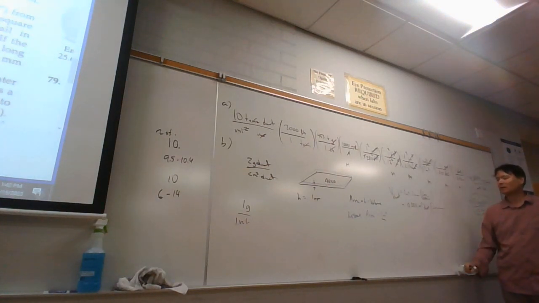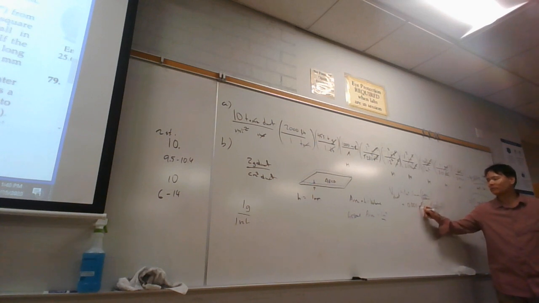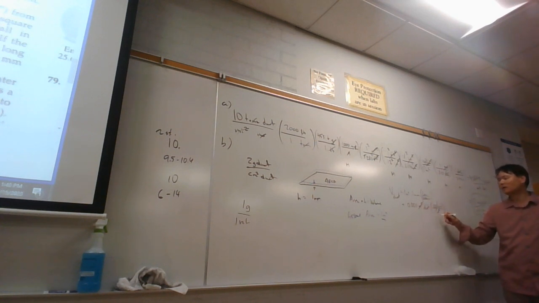So I'm going to convert meters cubed into centimeters cubed. The conversion is 100 centimeters in 1 meter, and then I'm going to cube everything in here. So I'm going to get 100 cubed centimeters cubed over 1 cubed meters cubed, and then convert it from meters cubed of dust to centimeters cubed of dust. What does that come out to? This is 10 to the minus 3, this would be 10 to the 6, so 10 to the third.